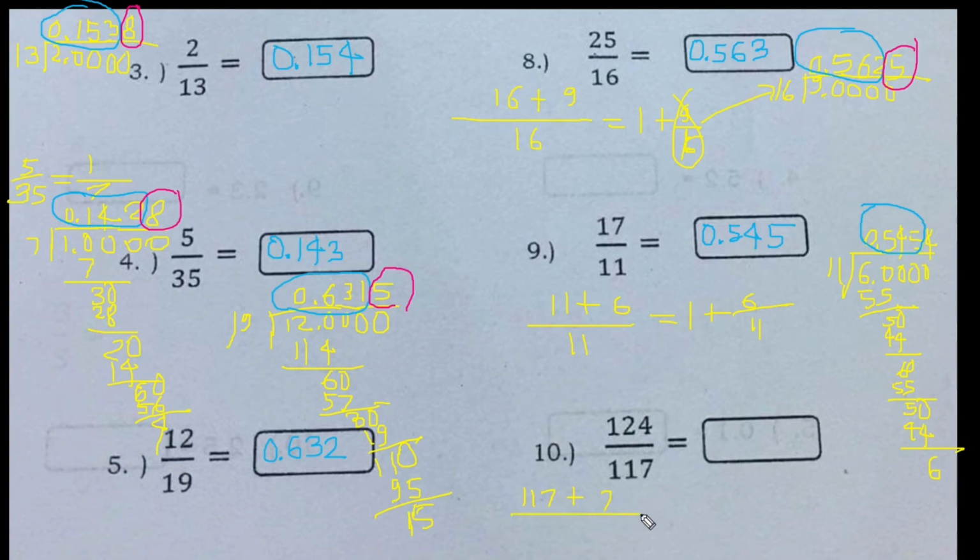7 over 117. So this is just equals to 1 plus 7 over 117. So we will just divide 7 divided by 117. This is a 0.0 here, so this will be 0.0, and 700, this is 7 over 117.